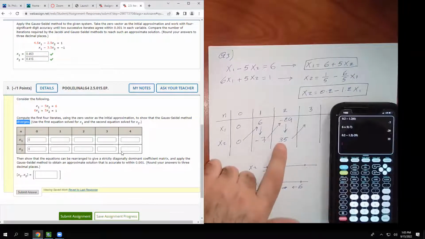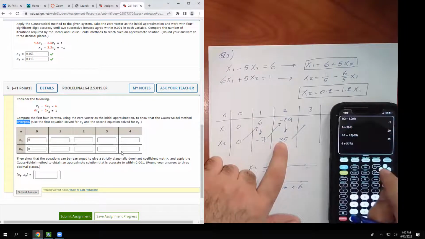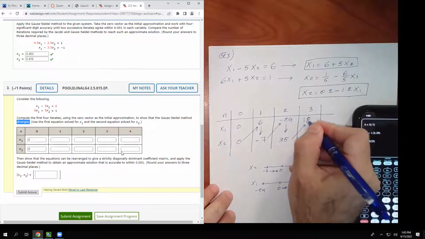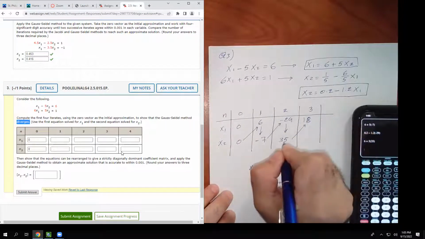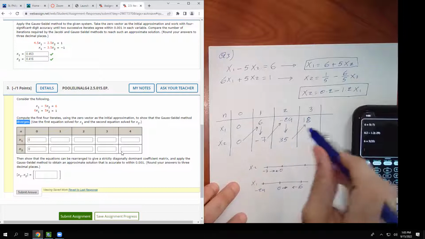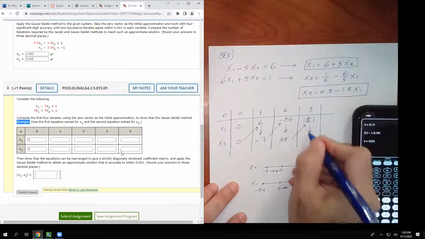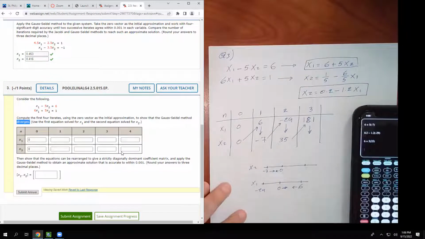Now I'm going to use x2, so I have to use this function. So it's going to be 35 here. It's going to be 108. This one, 108. 181. This is the third one. I'm going to use this value to find x2. That means to use this function.